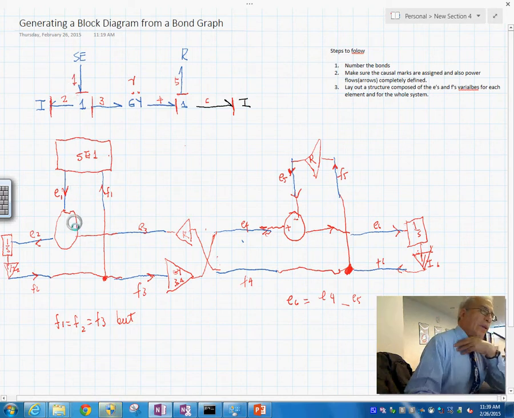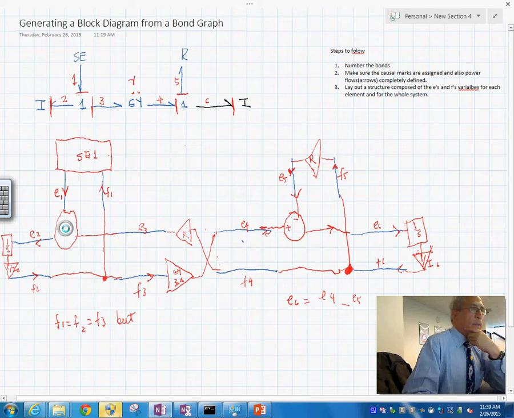This is E1. The way this is reading as an output from here is that on the E side is coming in, right?